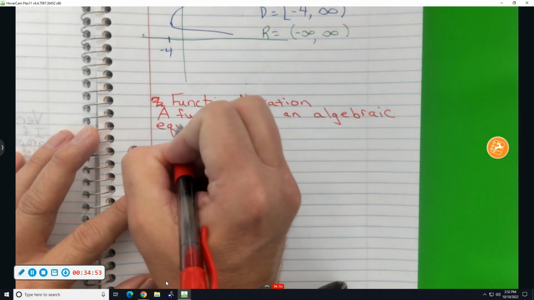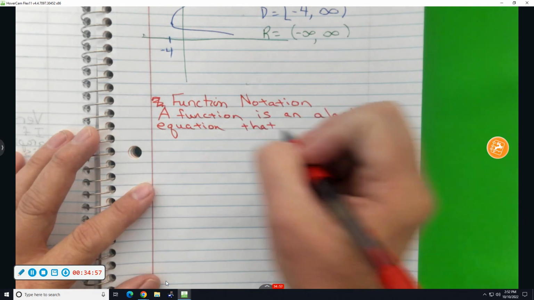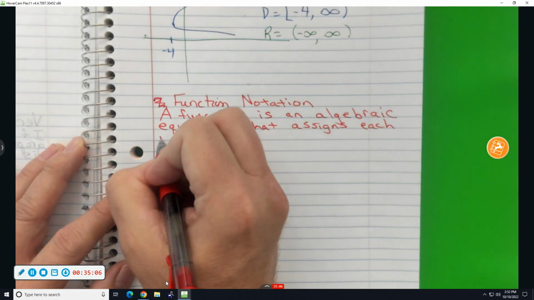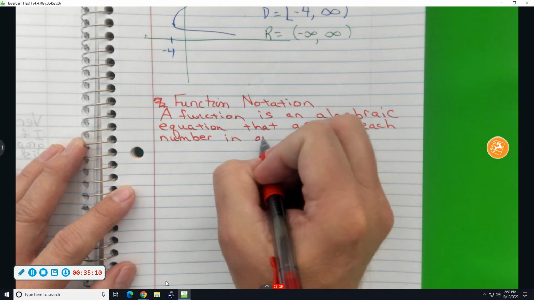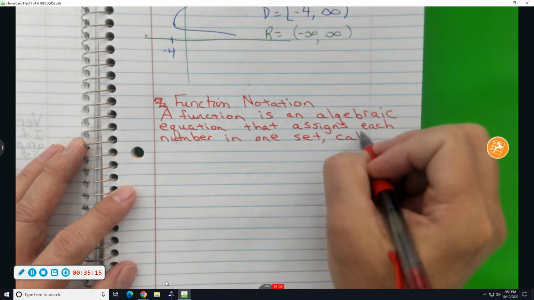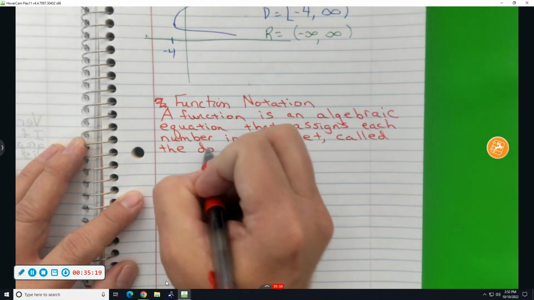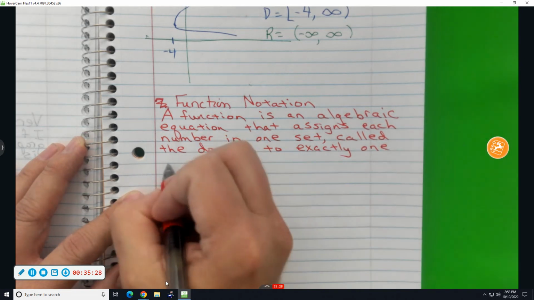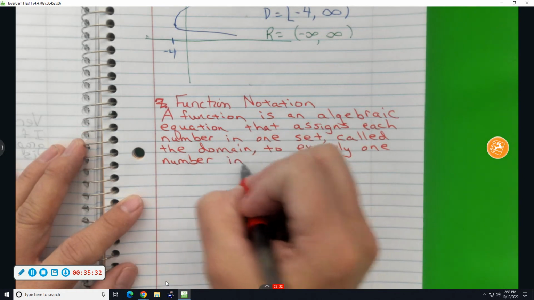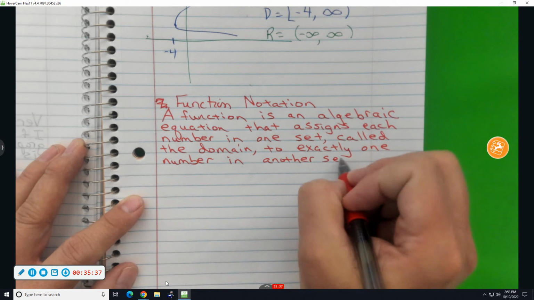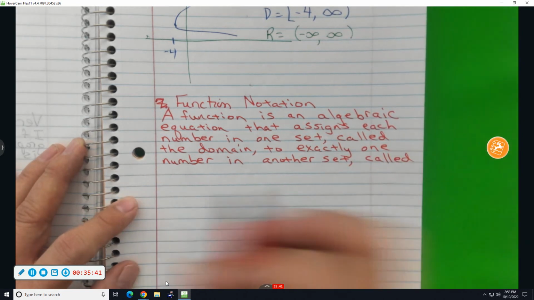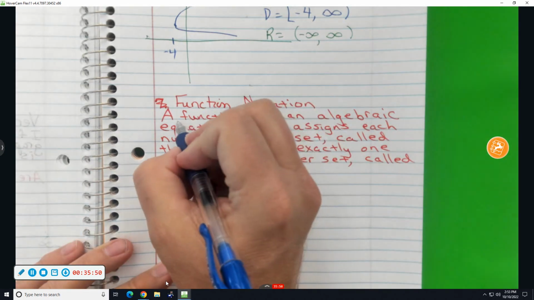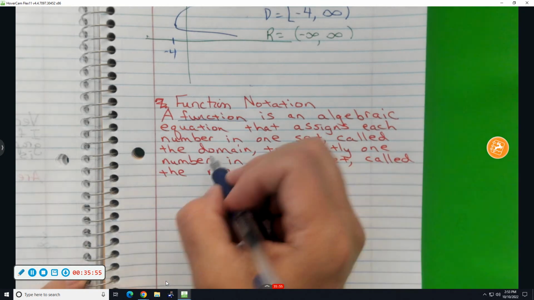An algebraic equation that assigns each number in one set called the domain to exactly one number in another set, and this other set is called the range. A function is an algebraic equation.